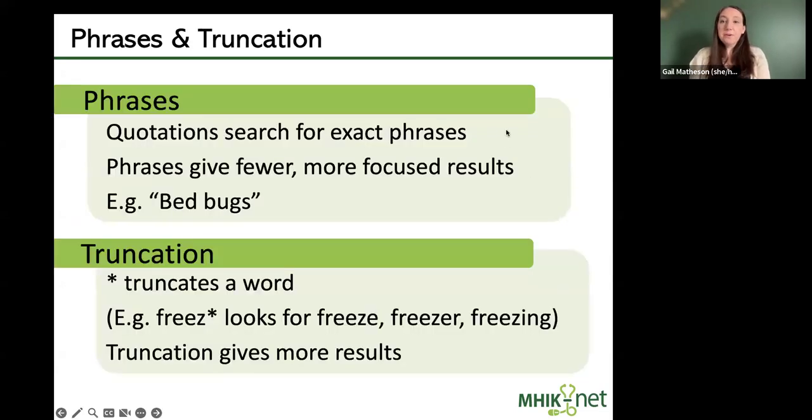So then just a few other things that you can use to help craft your search. You can use quotation marks to keep phrases together. So we're going to keep "bed bugs" together to make sure it's searching them as one thing. You can also use truncation. So instead of typing out a number of different terms, for example, freeze, freezer, freezing, you can put the little star at the point where you're going to have those different endings, and it will look for all of the variations after FREEZ.